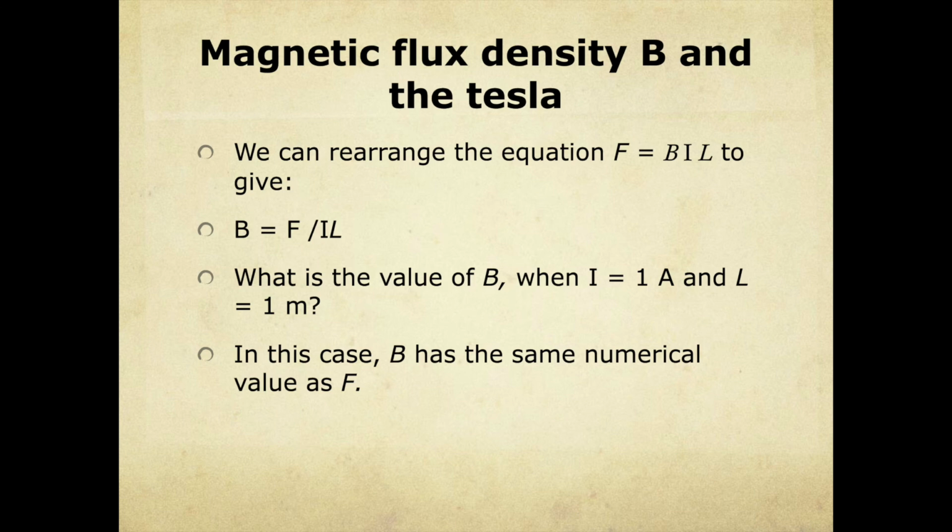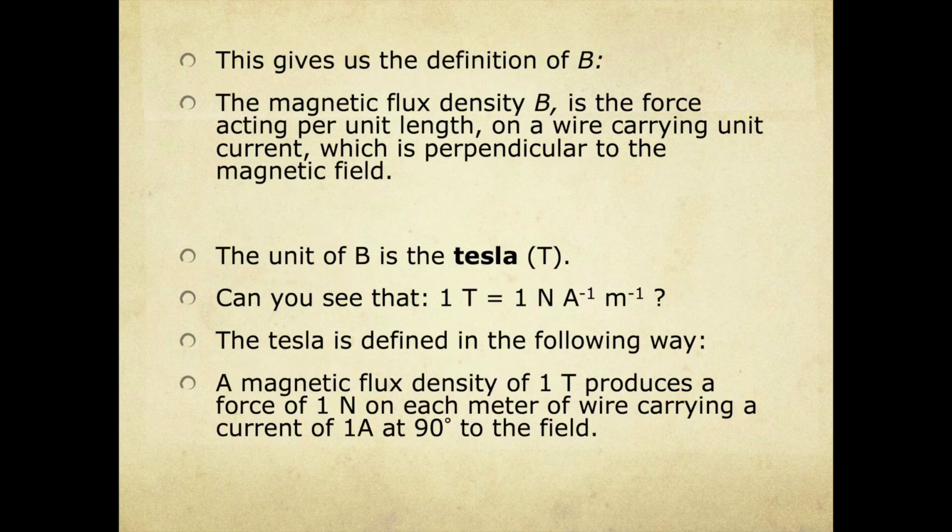So if we rearrange this, we can say that B is equal to F over the current times the length. What that means is, if the current is 1 amp and the length is 1 meter, B would have the same numerical value as F, which gives us this definition: the magnetic flux density is the force acting per unit length on a wire carrying unit current, which is perpendicular to the magnetic field.